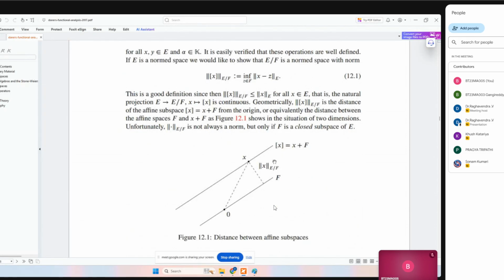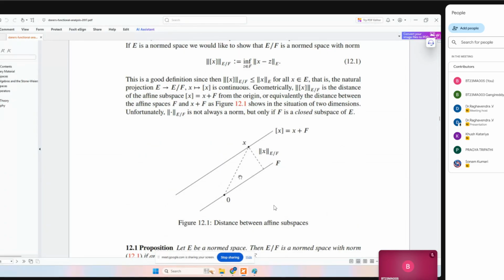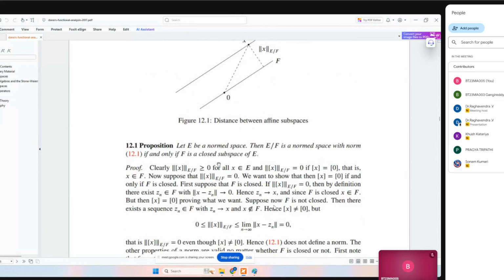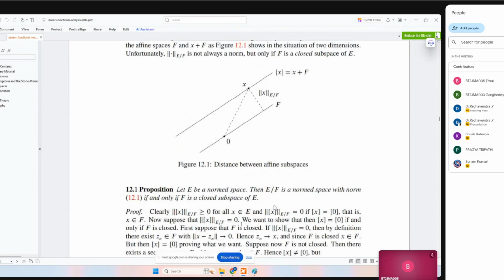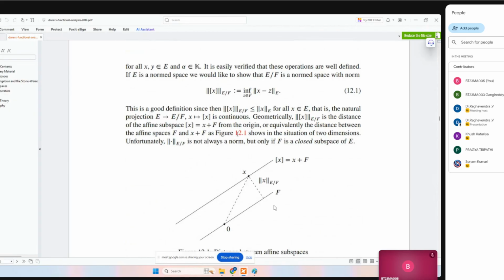So there is a bit of geometrical interpretation here. If E is a normed linear space, then E over F is a normed linear space with the norm if and only if F is a closed space. Whatever norm we have defined here by 12.1, whether it is a norm or not, that we have to see.